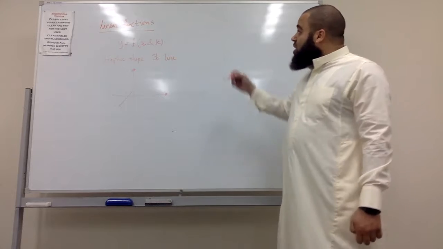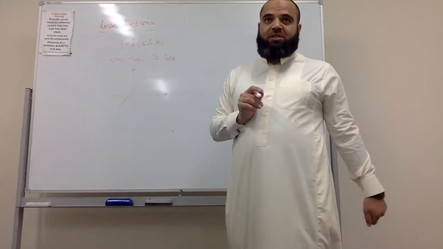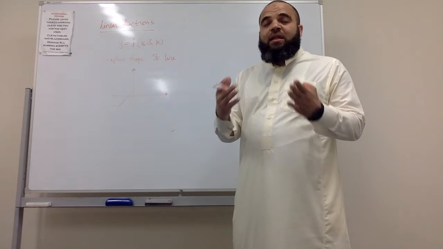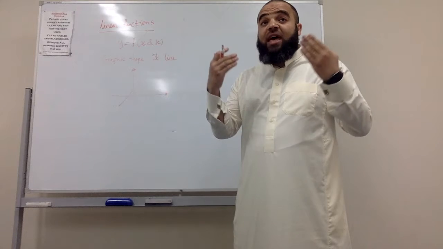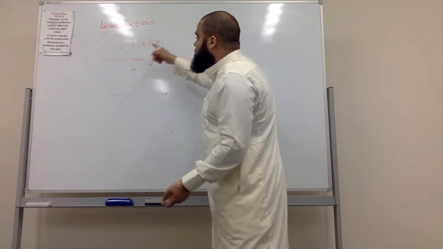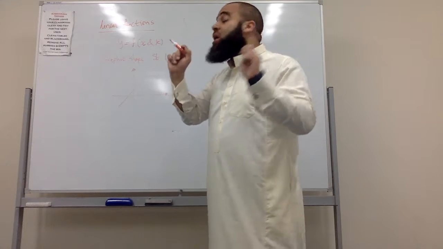So today we are going to explain the higher order functions. So the functions that have more than one value as a solution. So it is not a function of x, it is a function of x squared.